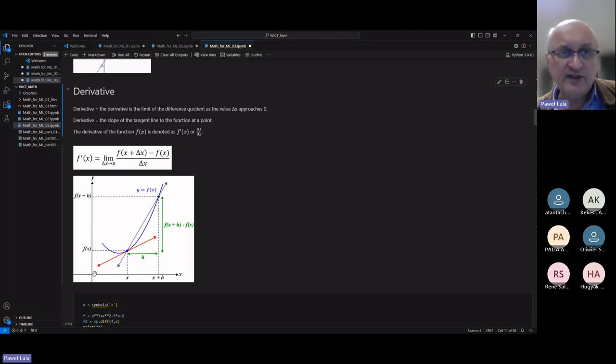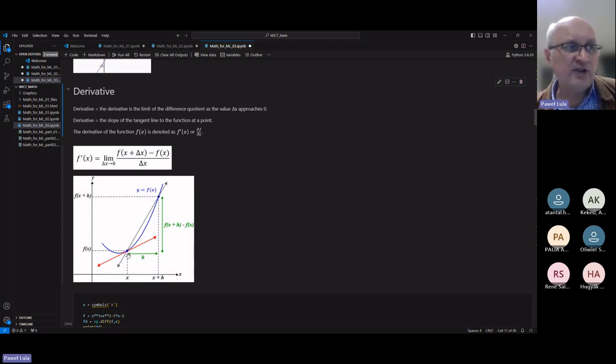So the graphical interpretation of a derivative is the tangent of a line which touches the graphical representation of this function. It is the value of the derivative at this point.